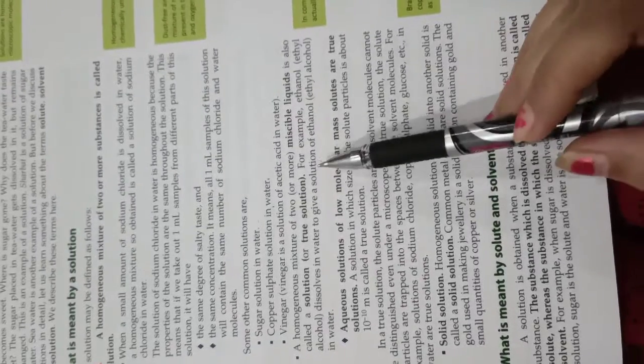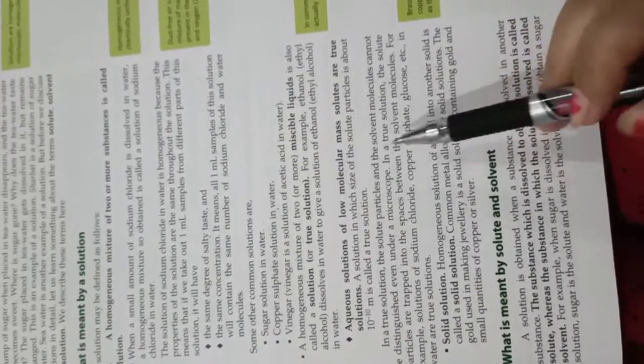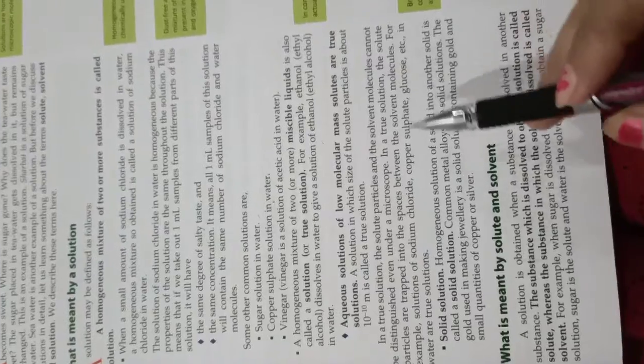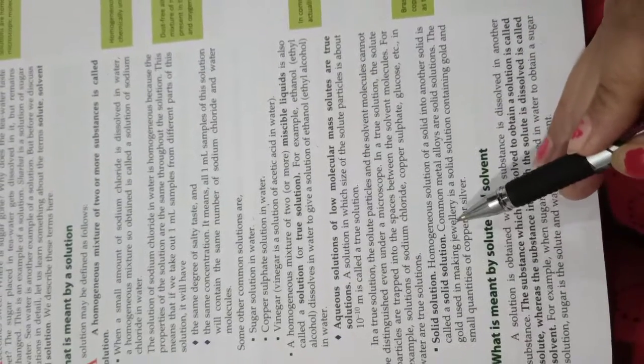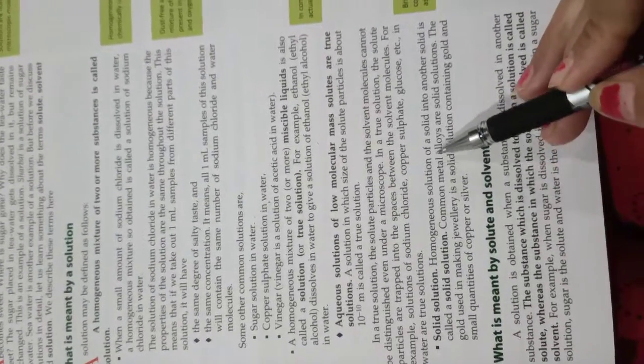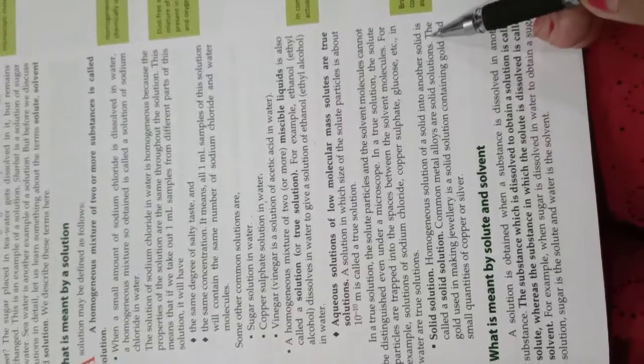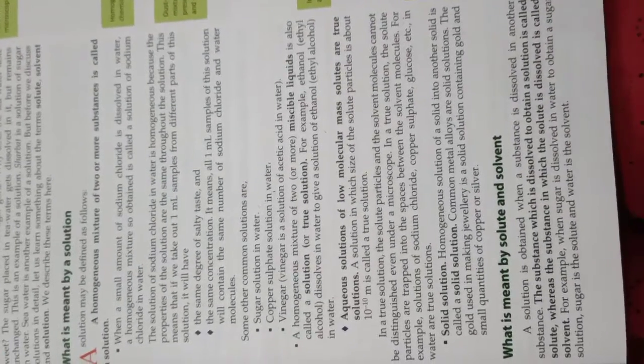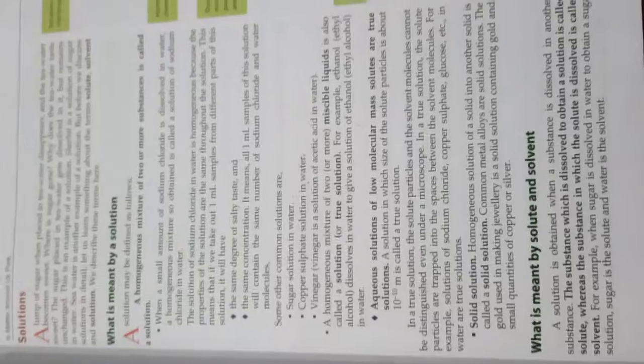Understood till here? After this, a solution can also be a solid solution, like a homogeneous solution of a solid into another solid. When two solids are joined, both things are solid, like salt and sugar.